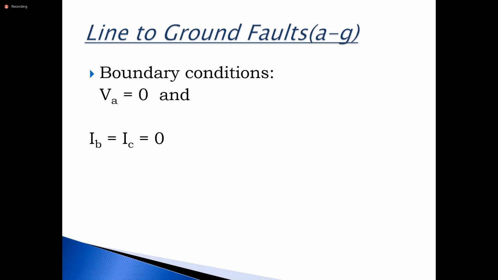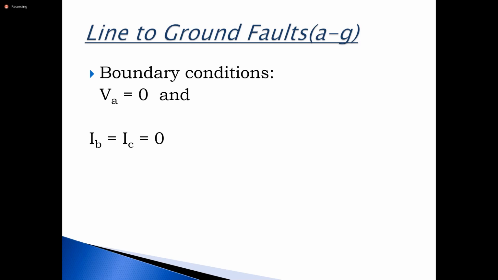Now, let's just say it's theoretically true. However, practically this is not the case, because the fact that you have phase A in touch with ground does not necessarily mean that 0 current will be flowing through the other phases. All right? But theoretically, IA would be a maximum. All right?